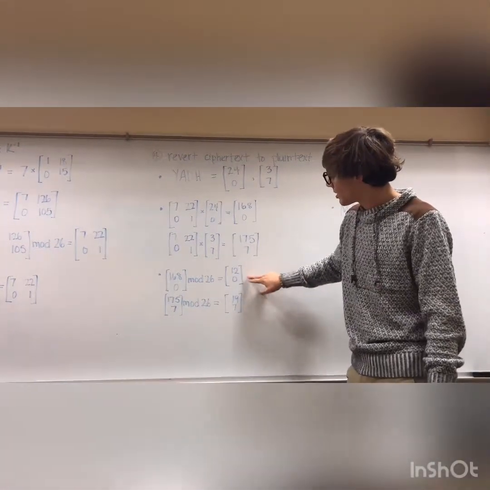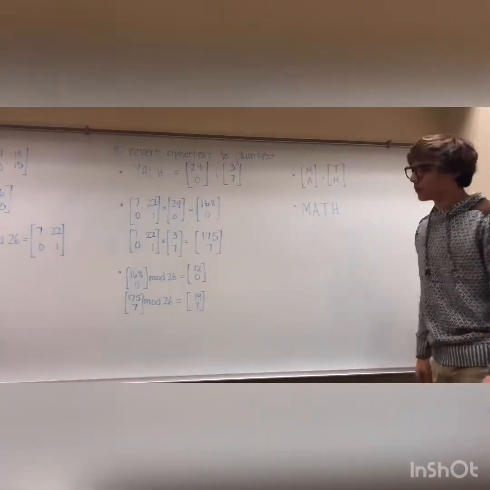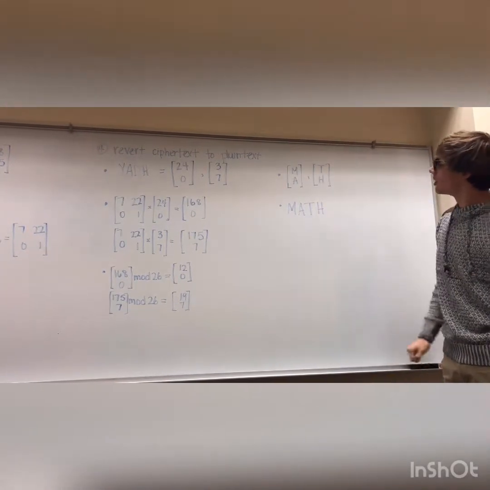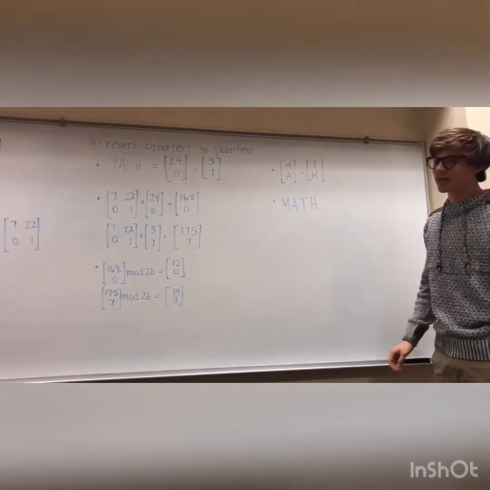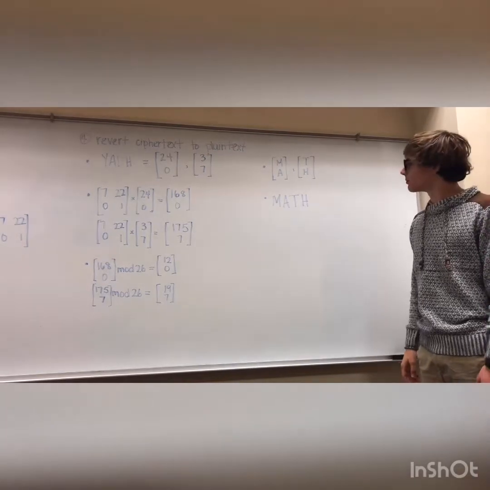We got 12, 0, 19, 7. And we translated those back to letters using our alphabetic zero-based indexing and got MATH, math. So that means that we've followed through both the encryption and the decryption. And that's all.